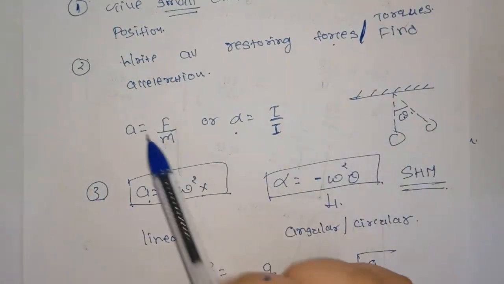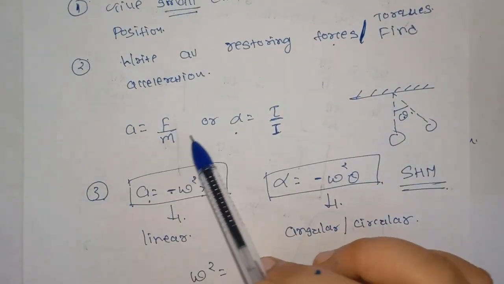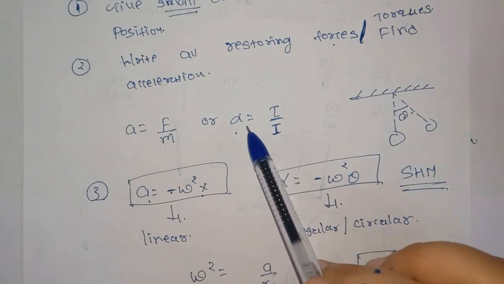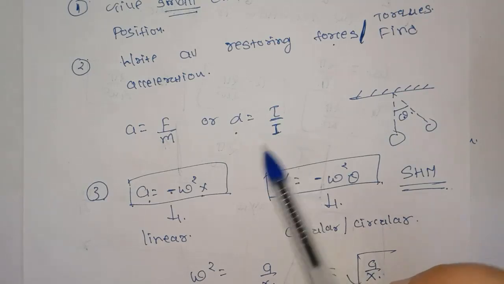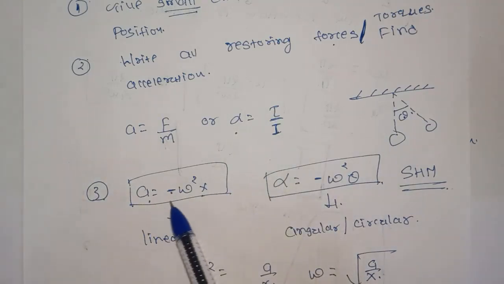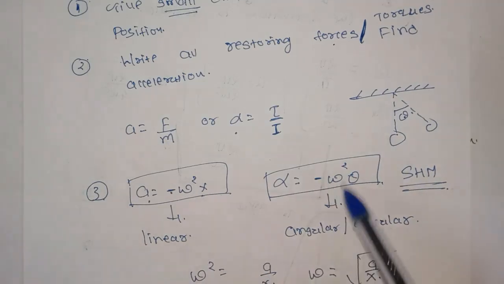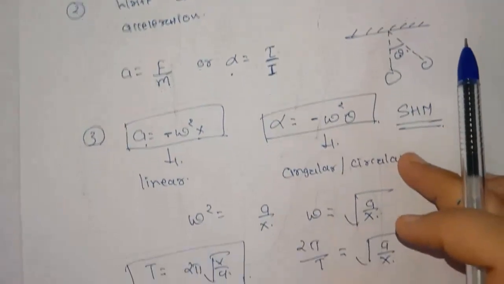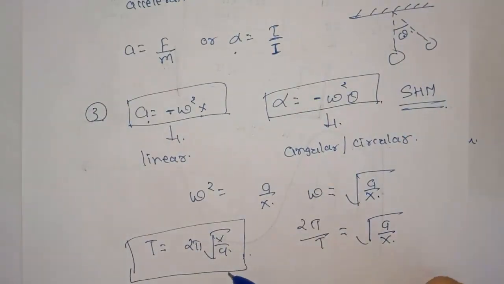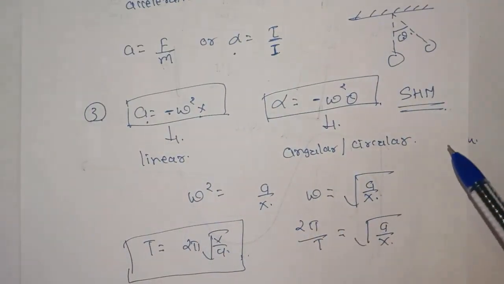Then find the acceleration a equals F by m, or angular acceleration alpha equals tau upon I. So acceleration will be compared with minus omega square x, or alpha equals minus omega square theta. From that we can find the value of omega, and from omega we can find the time period.